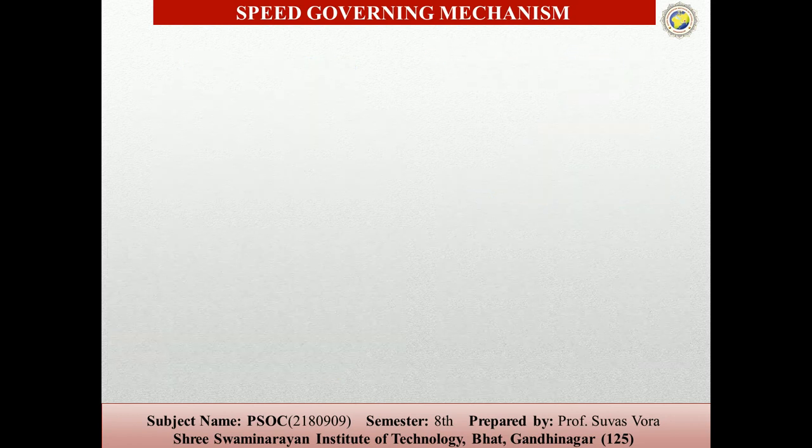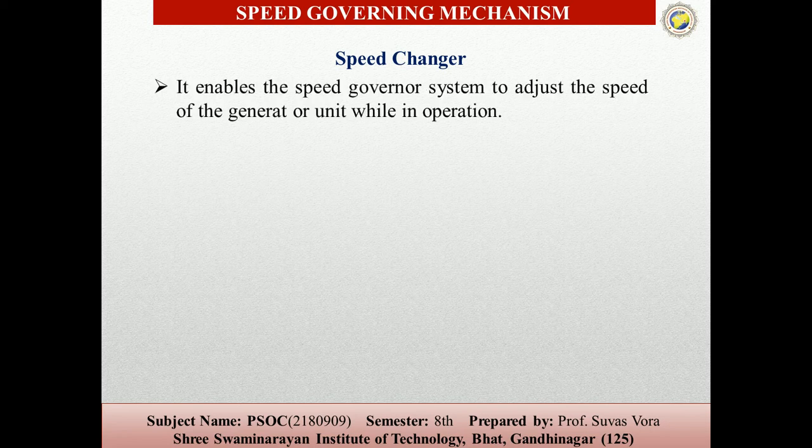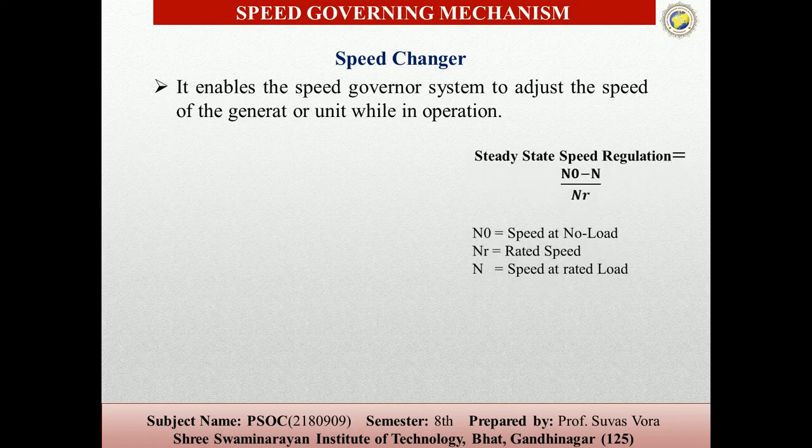Now the next one is speed changers. So it allows the speed governor system to adjust the speed of the turbine generator unit while operating, and the speed changing has the servo motors. So it enables the speed governing system to adjust the speed of the generator unit while it is operating.